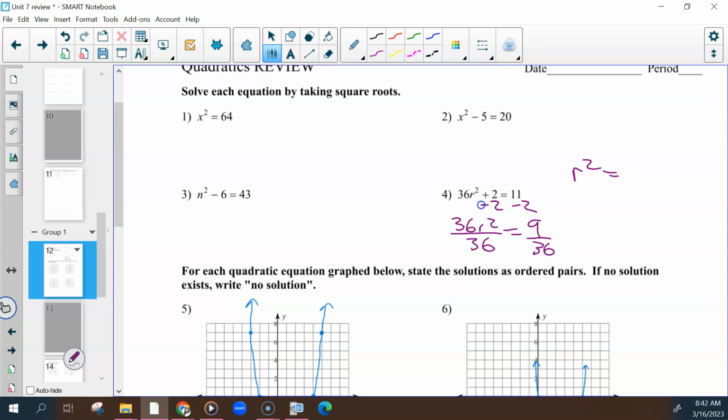Going to become some fraction, 1/4. Take the square root of both sides. Always going to be plus or minus unless you end up with 0. And then write it as a solution set.